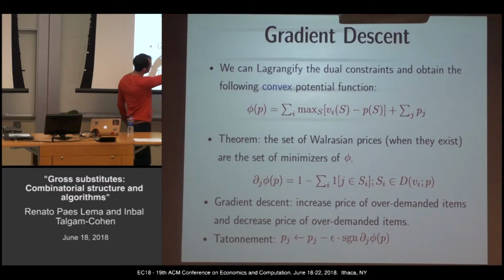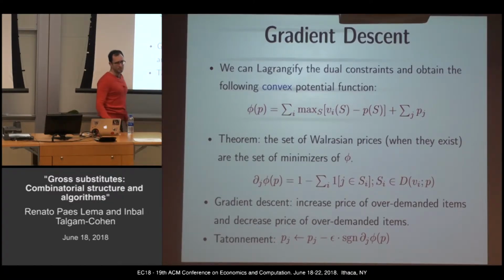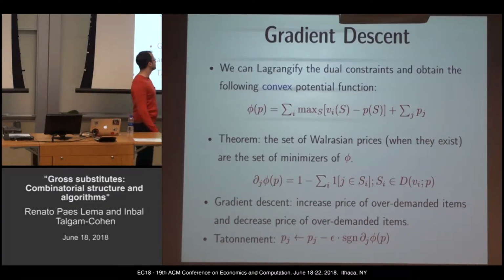When you take the derivative of a maximum of linear functions, you first find the function that realizes the maximum and take the derivative of that function. So the derivative of the potential will be 1, which is the derivative of the sum of p_j's, minus, for every i, the indicator that j is in the set of demanded items for i. So let's say demanded items are unique. If they're not unique, it's a subgradient, but let's forget it for a second. Let's say that there's one minimizer for every i.